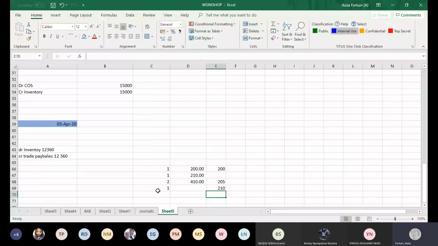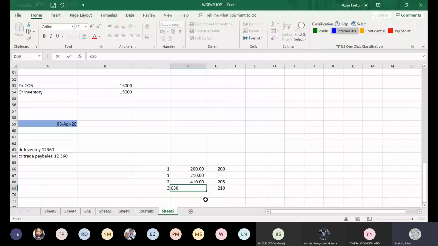So now I have 3 dolls, 210, and 210 plus the 410 gives me 630.